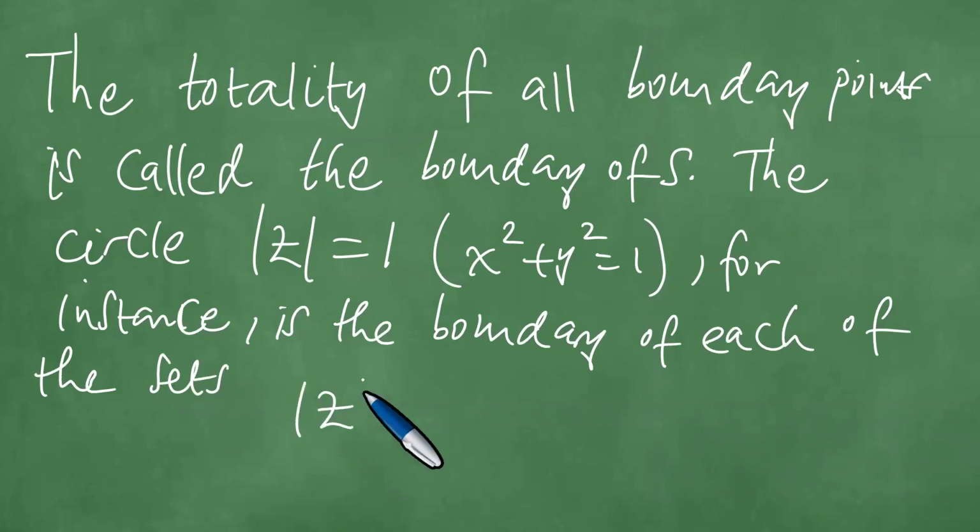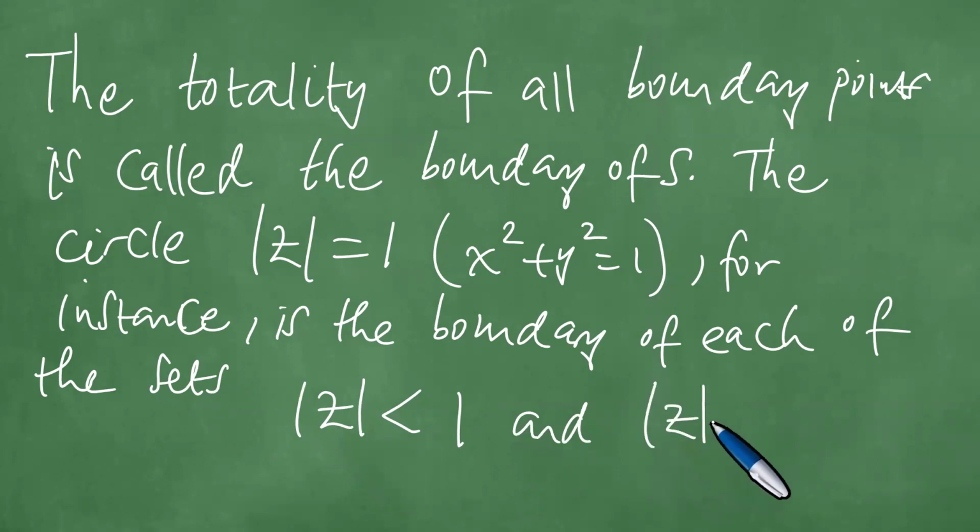Okay, this circle is the boundary of each of the sets if you consider the interior here, and here you consider, okay, here this will be the interior, but this is going to be the interior plus the boundary.